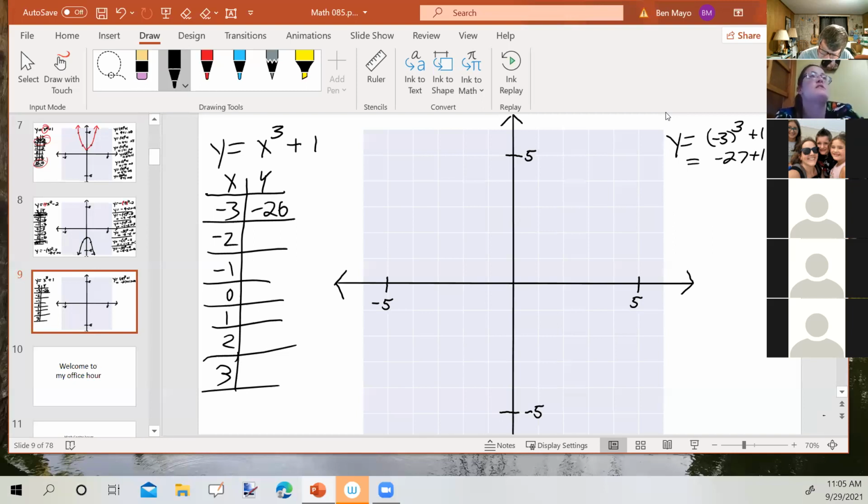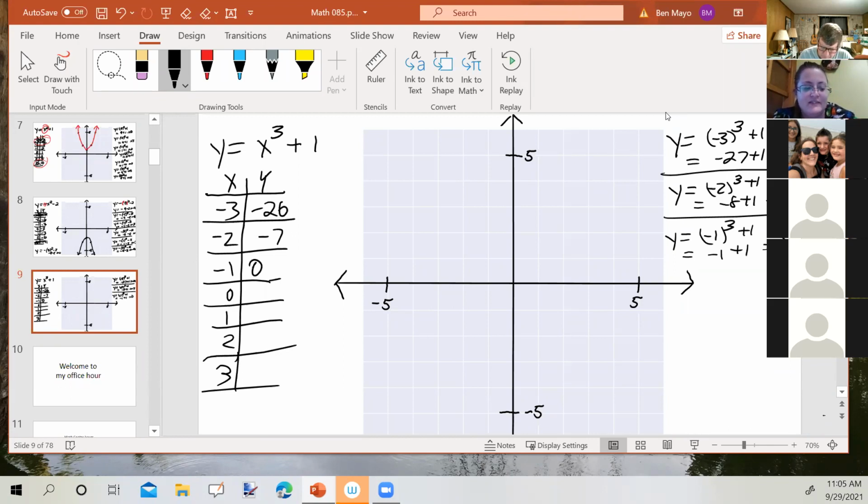Okay. If x is -2, y equals -2, the quantity cubed, plus 1, which is -8 plus 1, which is -7. If x is -1, y equals -1, the quantity cubed, plus 1, which is -1 plus 1, which is 0. If x is 0, y equals 0 cubed plus 1, which is 1.